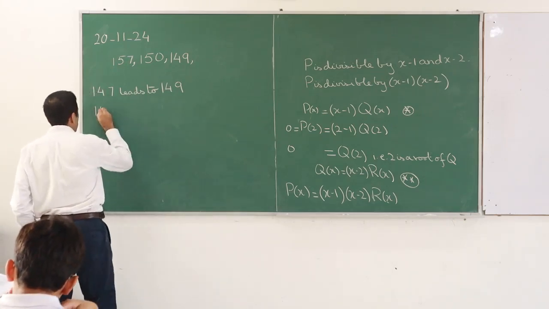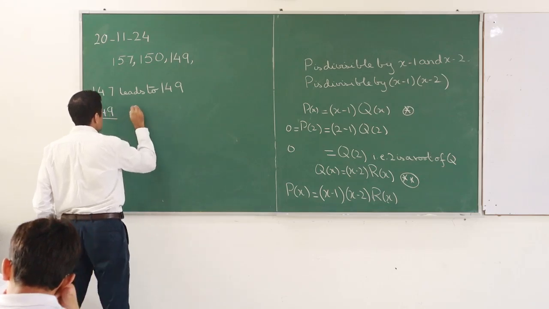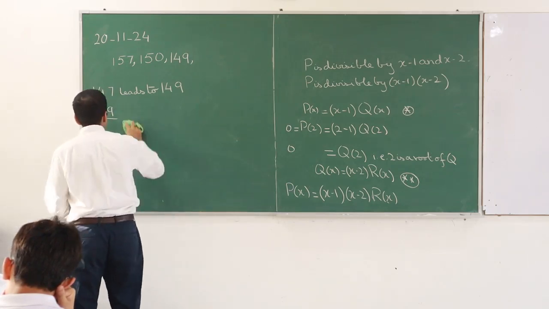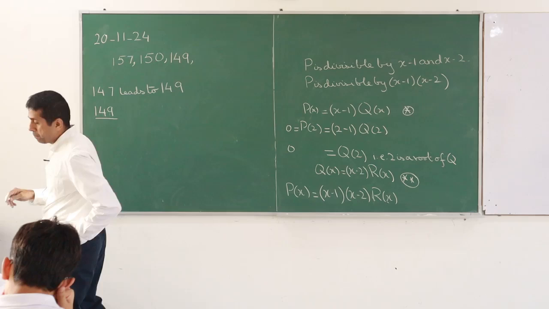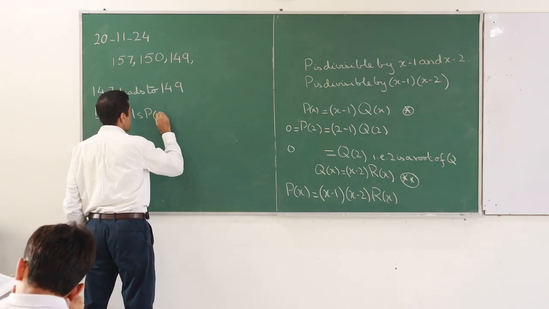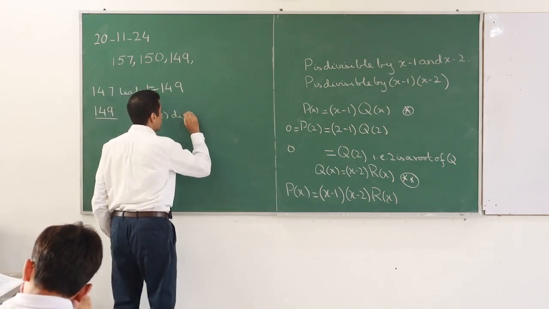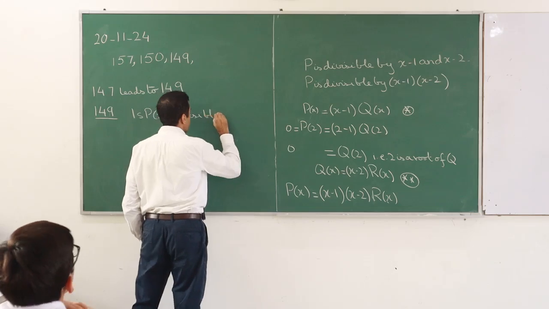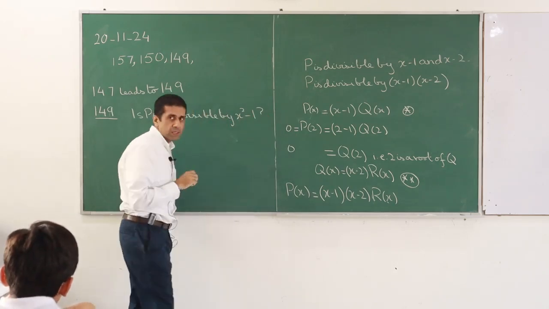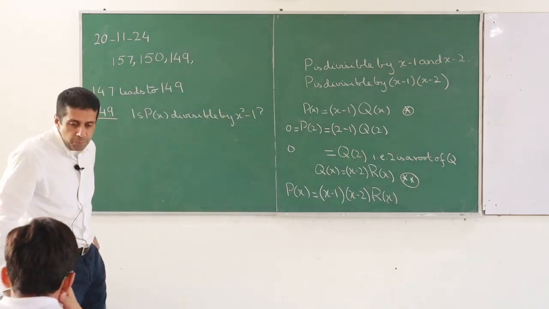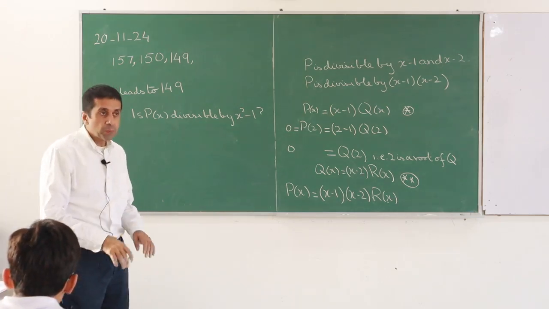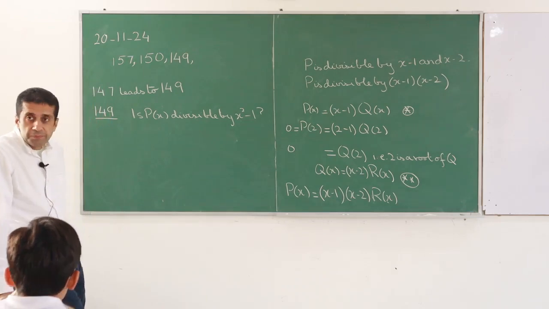So now let's talk about 149. 149 says, how would you check whether a given polynomial, so let's take p is a polynomial, so the question is, is p of x divisible by x square minus 1? Can somebody help me answer this question? Right, that's the question. We are given p and we want to find out whether p is divisible by x square minus 1. So what do we do?